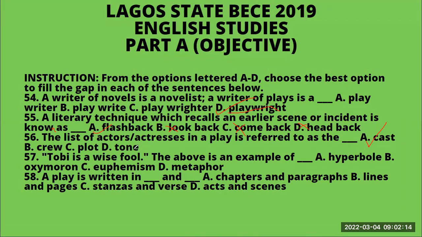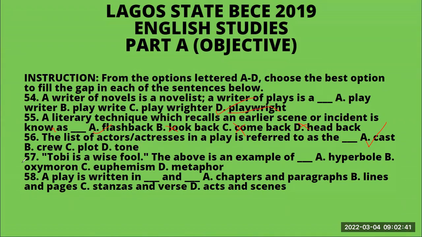Plot, no. Plot is the arrangement of events in a story or play. Tone is the voice with which the writer tells the story, or his attitude, so that's the tone, his attitude towards the theme or his thematic preoccupation.